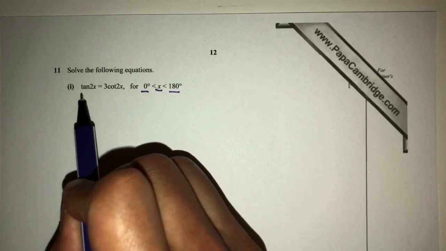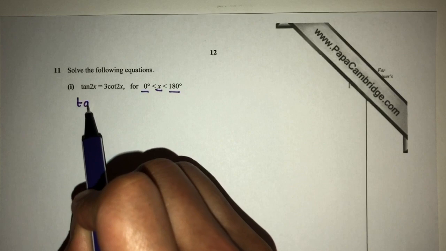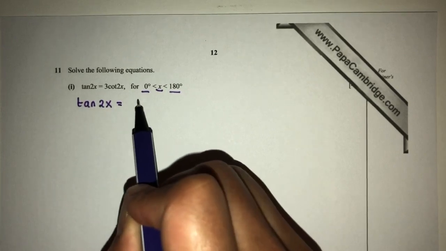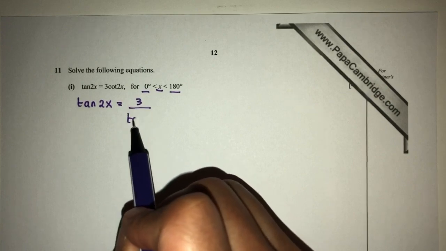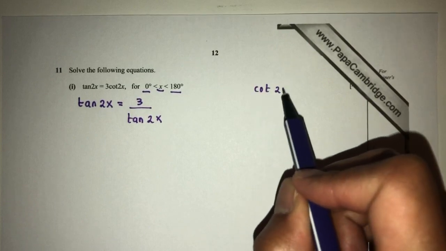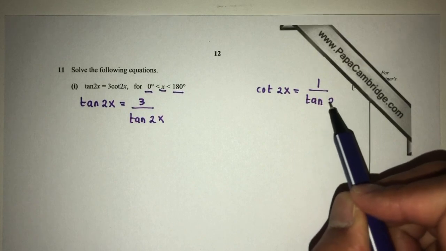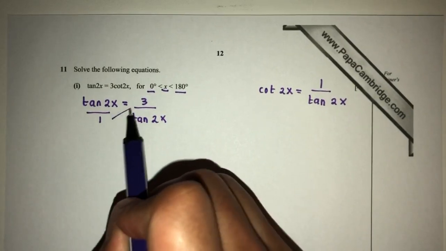So what is tan 2x? Let's just write it the same, but we know what cot 2x is. It is 3 over tan 2x, because we know that cot 2x is 1 over tan 2x. Okay, so we can just cross multiply to see what happened.